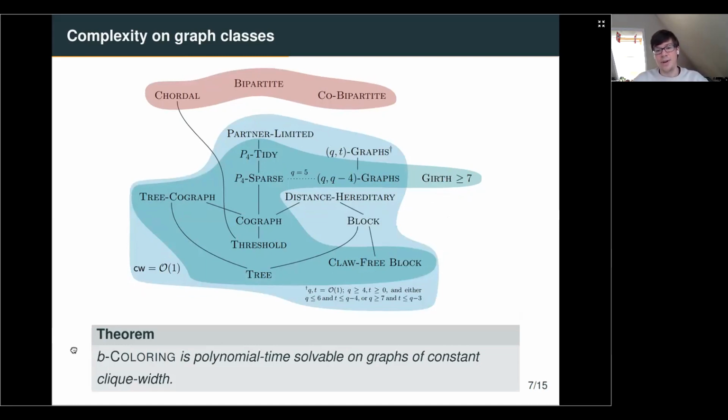So this algorithm unifies and extends almost all the known polynomial time algorithms on graph classes for B-coloring, again except for graphs with high girth. And it solves these two problems that were stated in the literature regarding block and distance hereditary graphs.